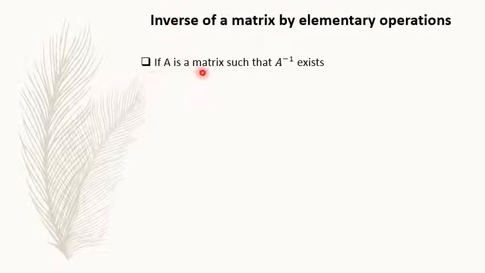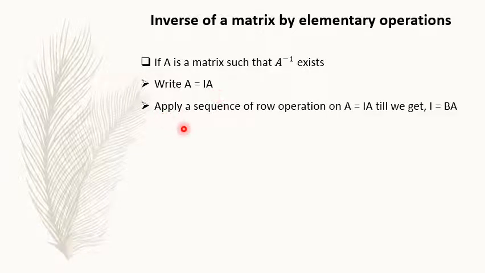Suppose a matrix A is given. If A inverse exists, first we need to write A equal to IA. That is, A is the given matrix and I is the identity matrix of the same order. Then we apply a sequence of row operations, like interchanging rows, multiplying a row by a non-zero number, or adding rows.